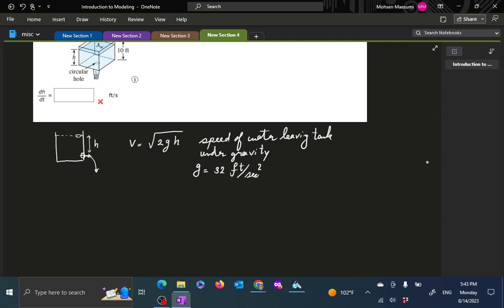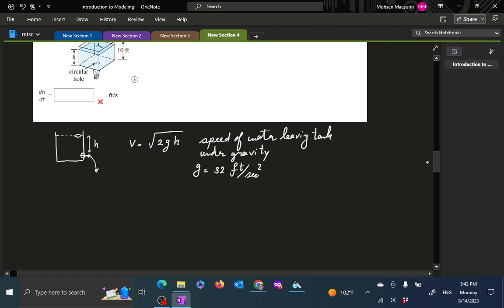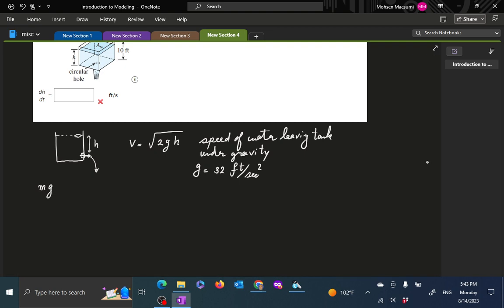If an element of the water is up here and it has mass m, then its potential energy is mgh. Kinetic energy is one half mv squared.